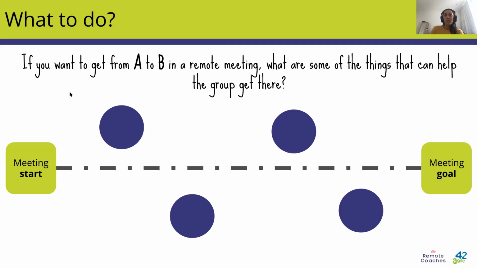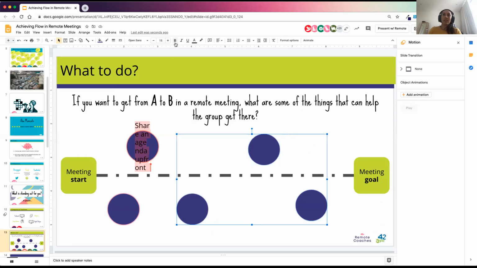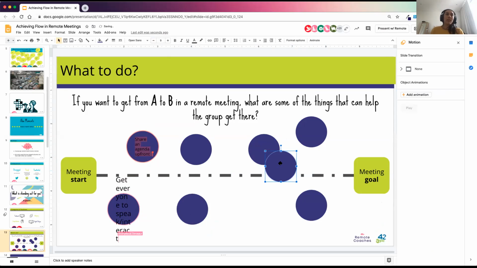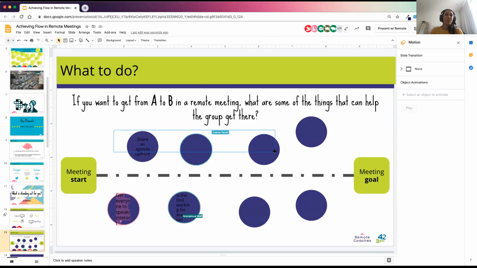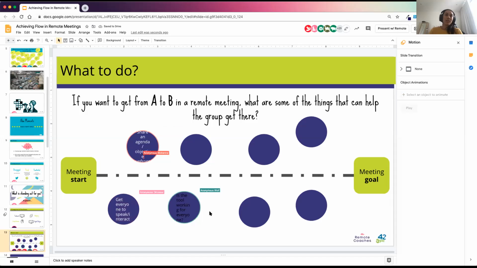Yeah, so clearly communicated goal, purpose, outcome, working agreements. Yeah, different ways of interaction. Also seeing on the slides, is the tool working for everyone? That can definitely be a blocker to flow.